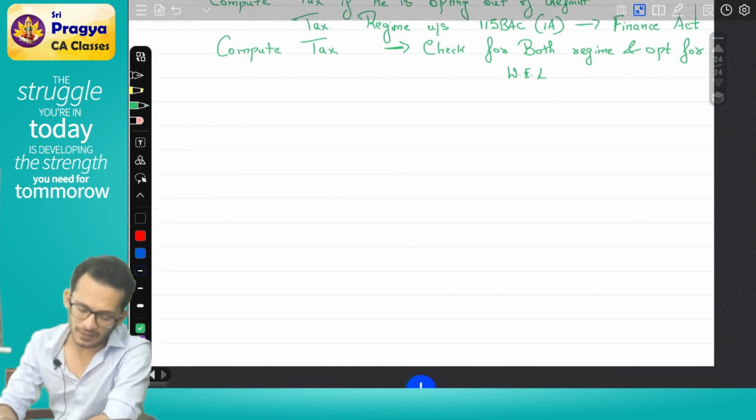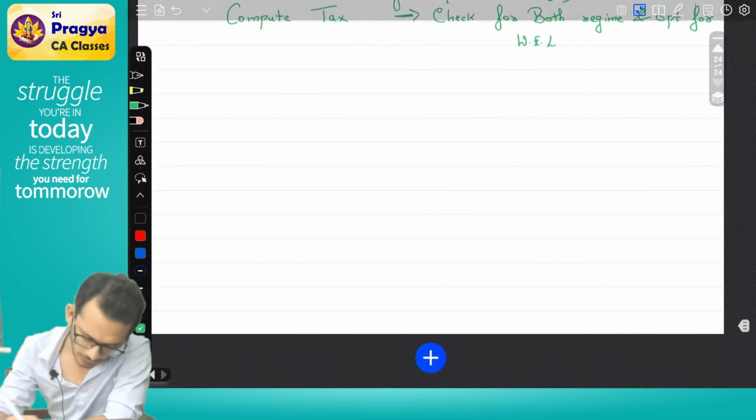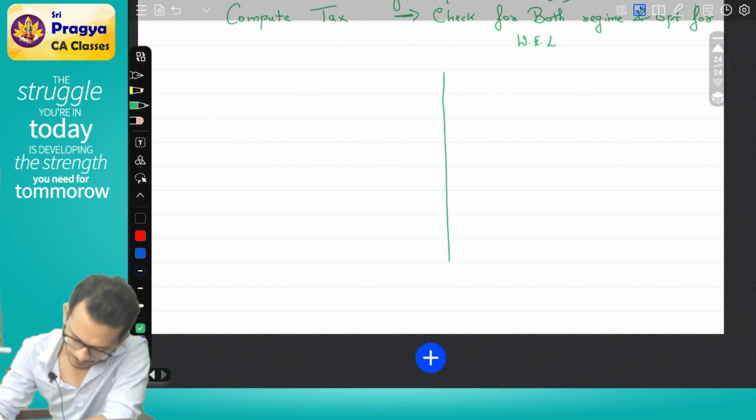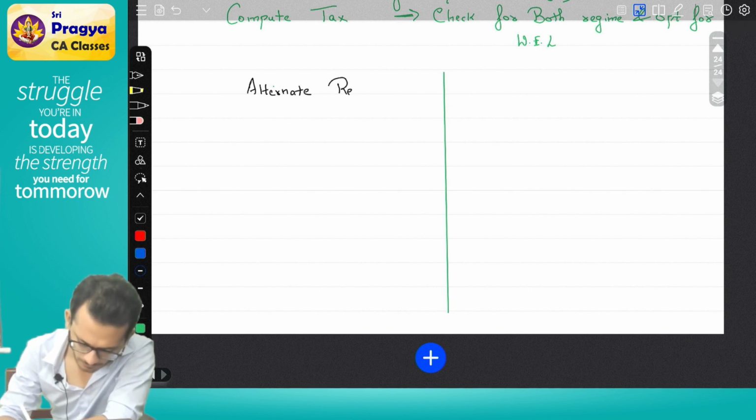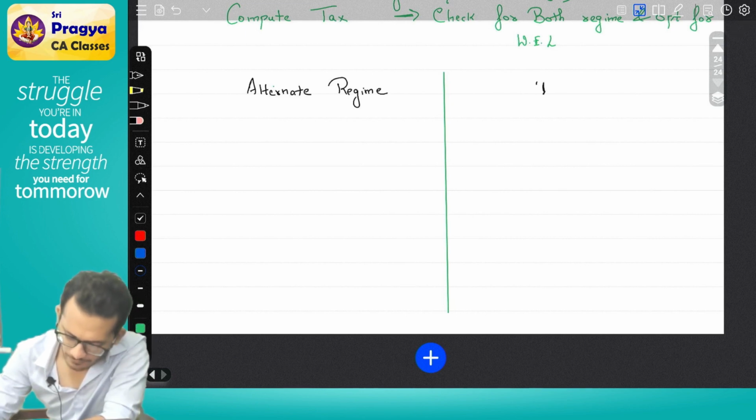If I have to prepare a difference summary, the left side is called the alternate regime. The right side is called the default regime.